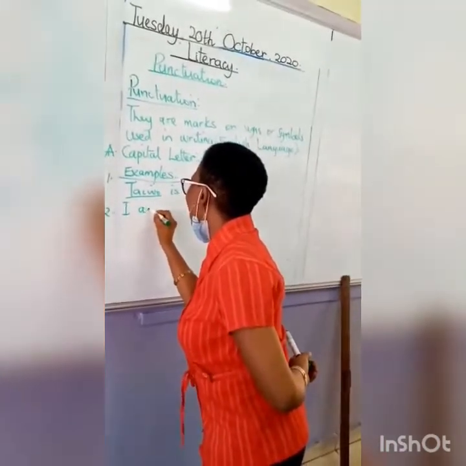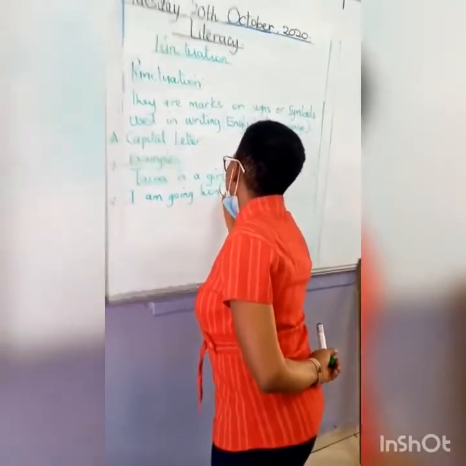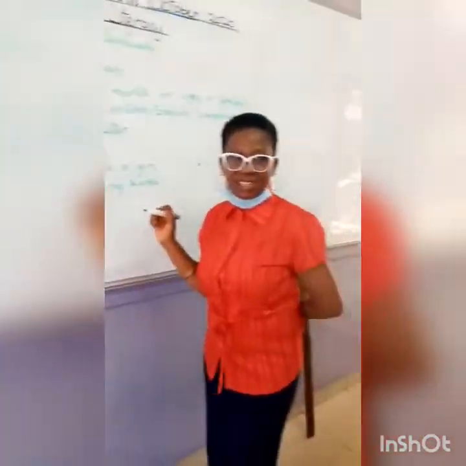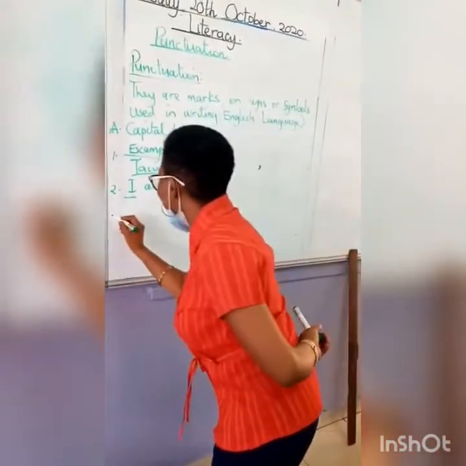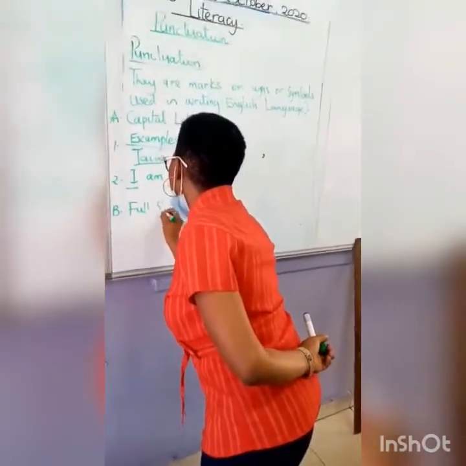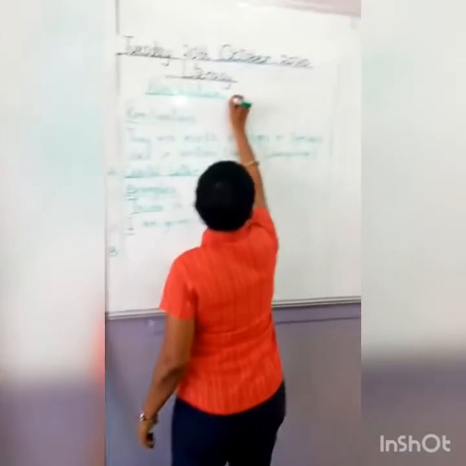I am going home. I, at the beginning of a sentence, must start with a capital letter. Secondly, we'll look at full stop, the second punctuation mark for today.